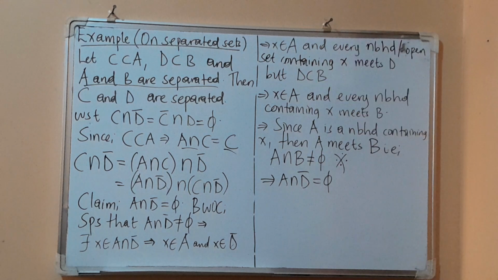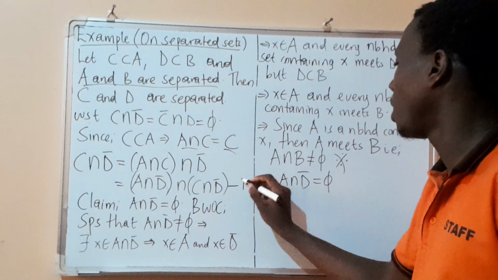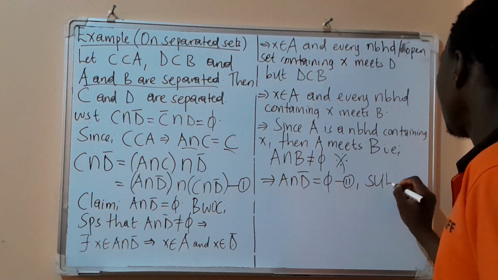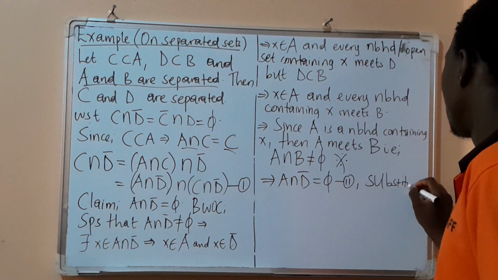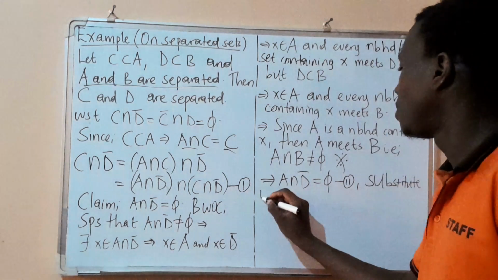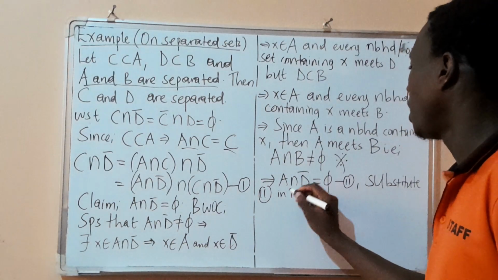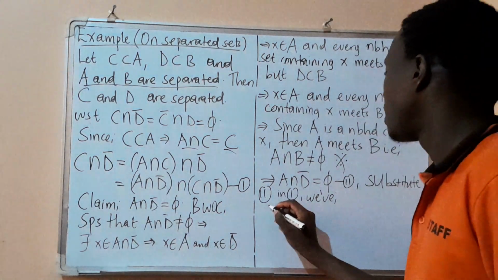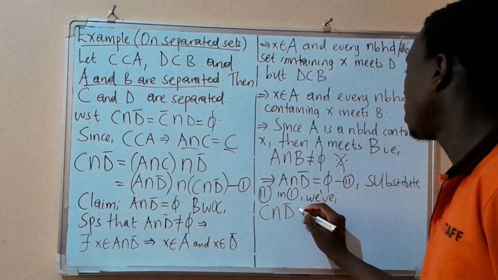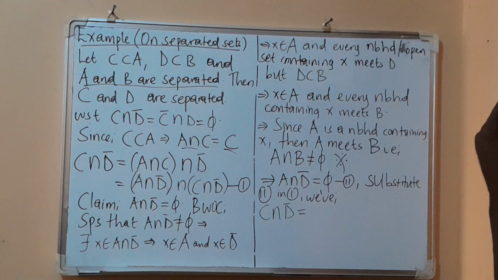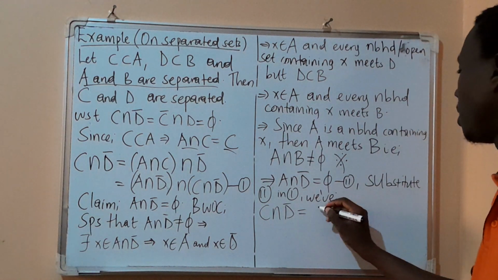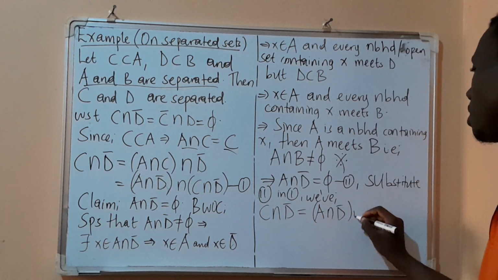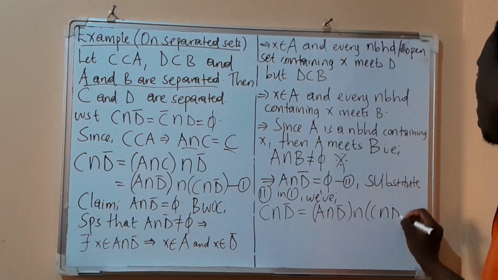So substitute this back. I can call this equation 1, and this 2. So substitute 2 in 1. We have C intersection D closure is actually equal to A intersection D closure intersection C intersection D closure.